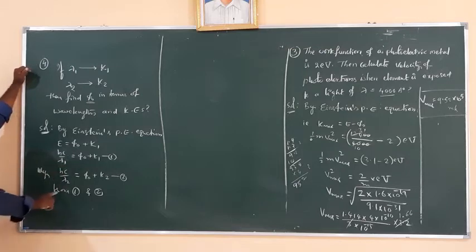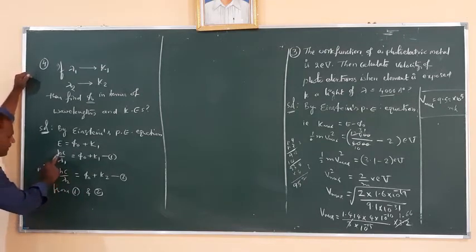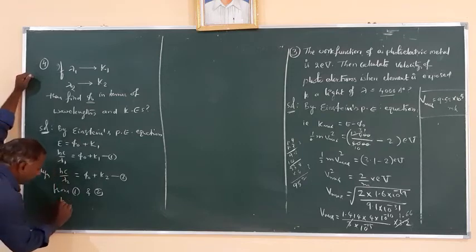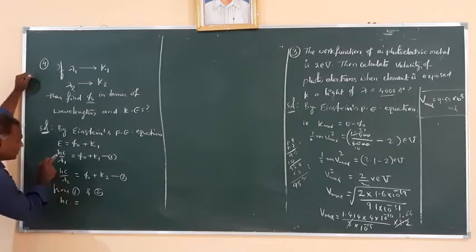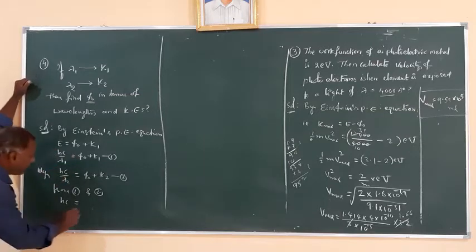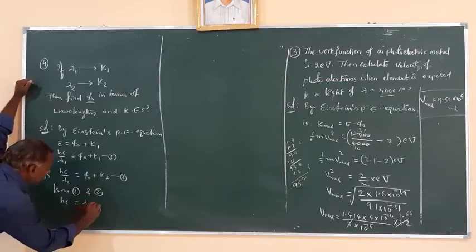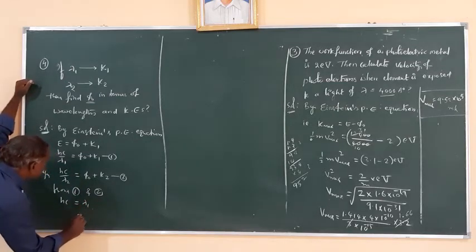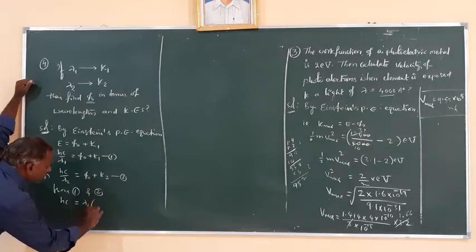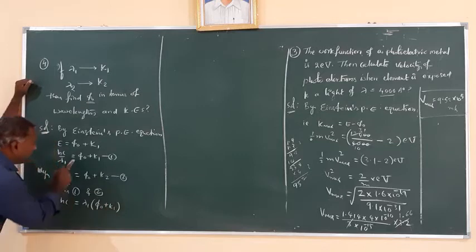Just from equation 1 and 2, what I am writing here is hc is equal to lambda 1 into phi naught plus K1, from equation 1.